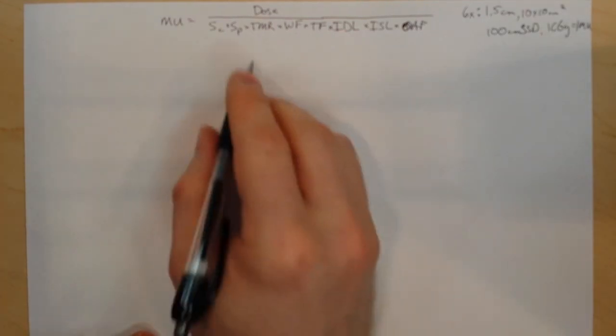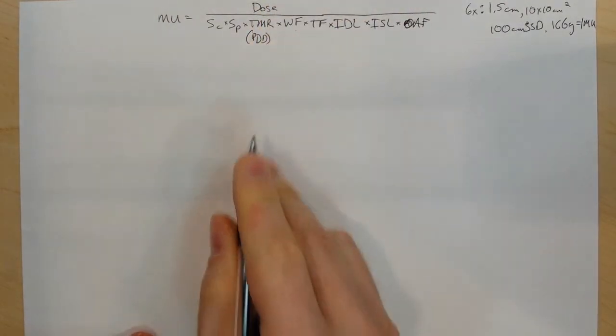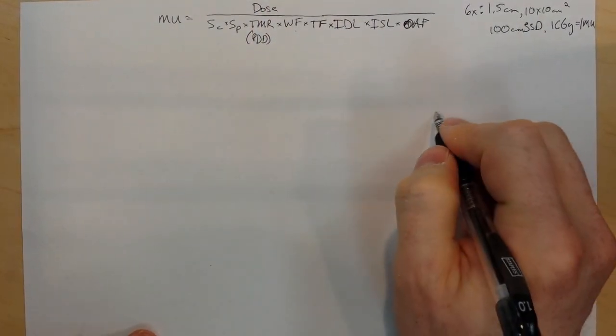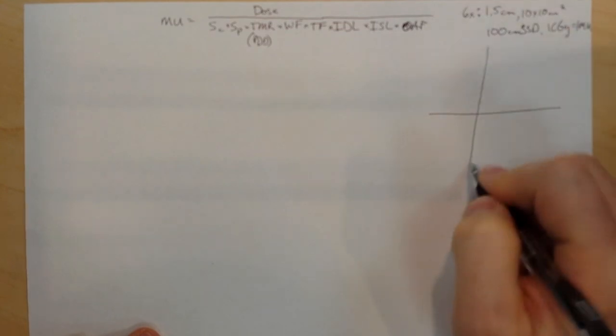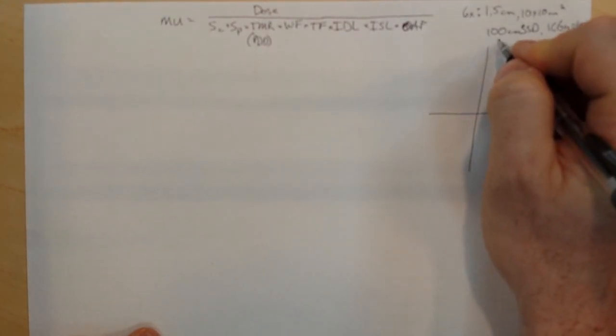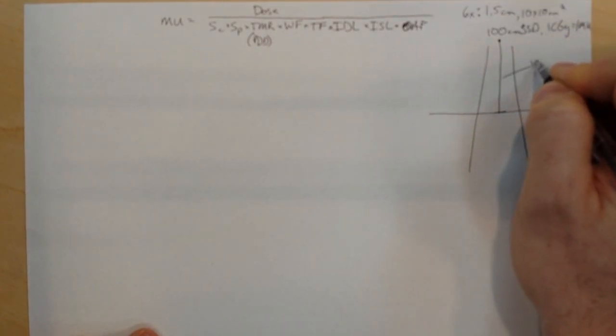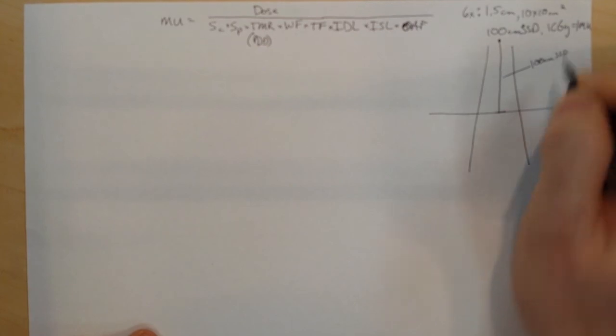So let's get on with percent depth dose, or TMR. Let's talk about percent depth dose first. Remember percent depth dose? The definition: I have a 100 centimeter SSD setup.